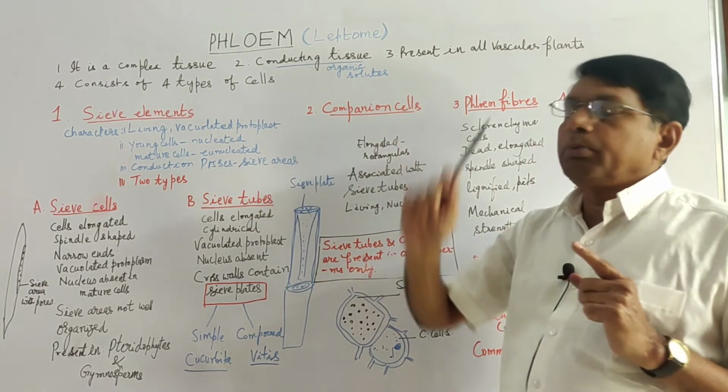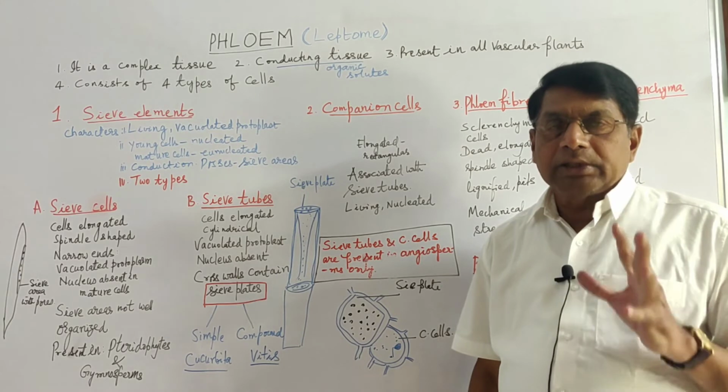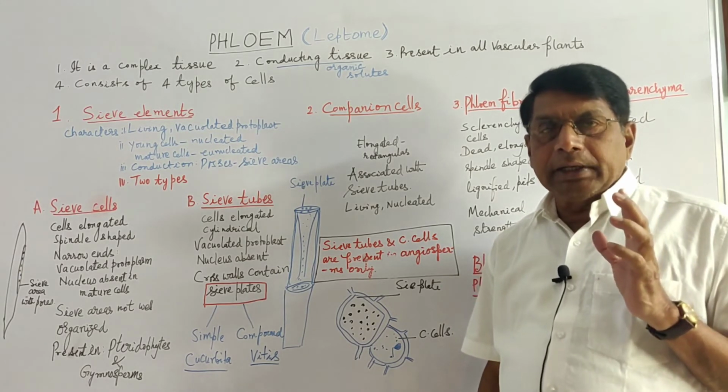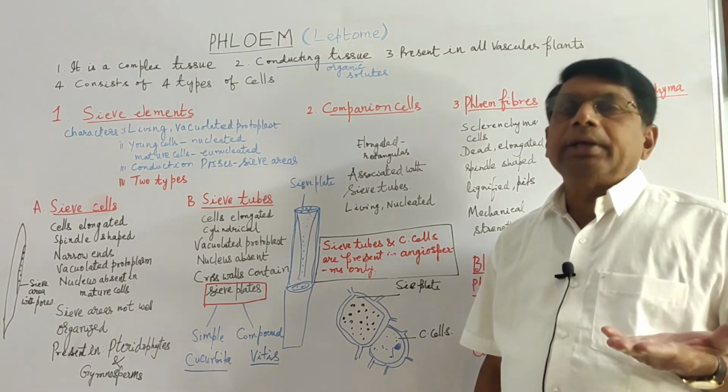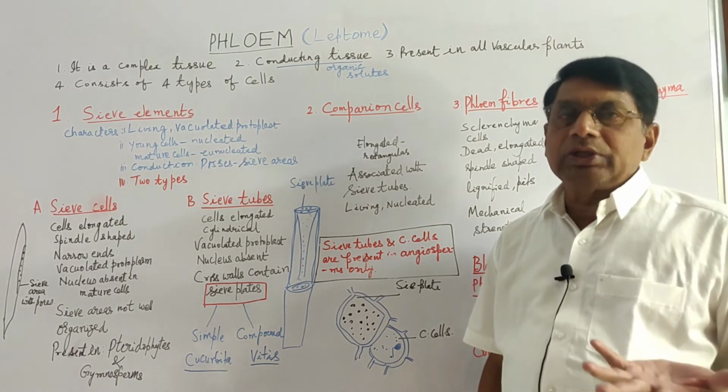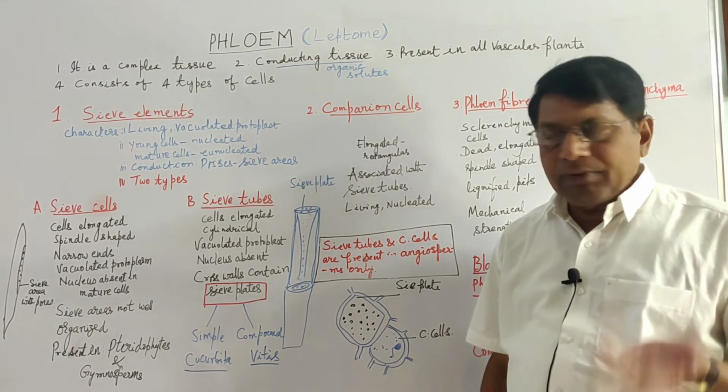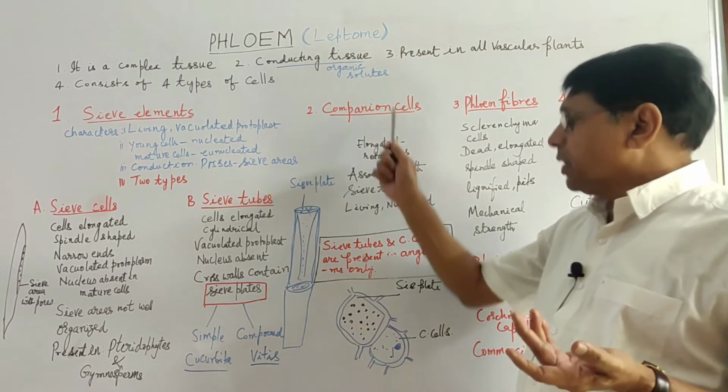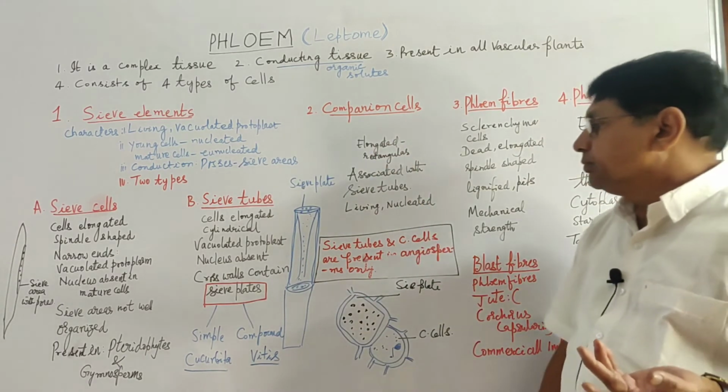This point is very important. Companion cells, as the name itself indicates, are the companions of the sieve tubes. So wherever the sieve tubes are present, companion cells are present.